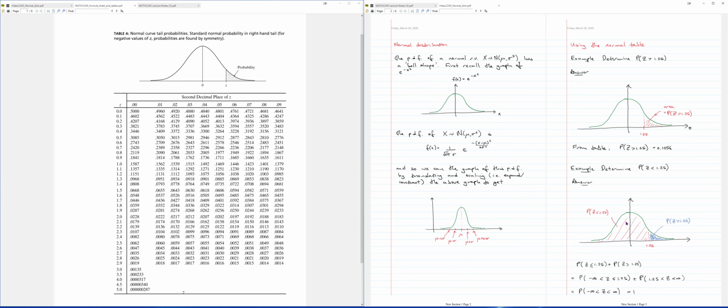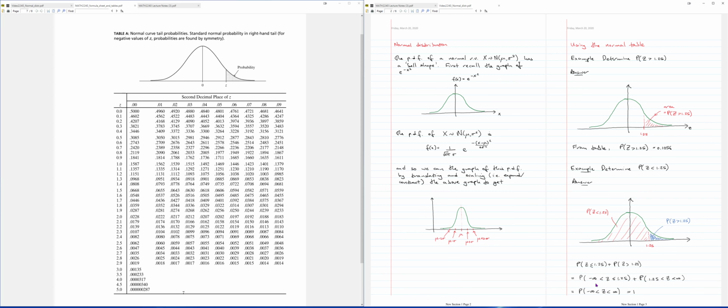In other words, somehow we want to get this area over here. How do we do that? We use the fact that this red area plus this blue area is going to be equal to 1.